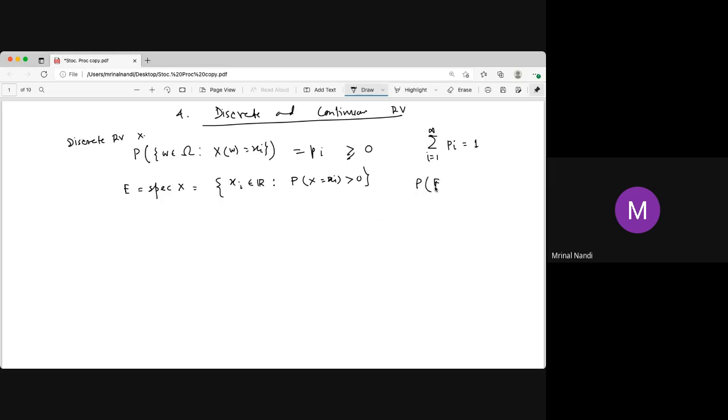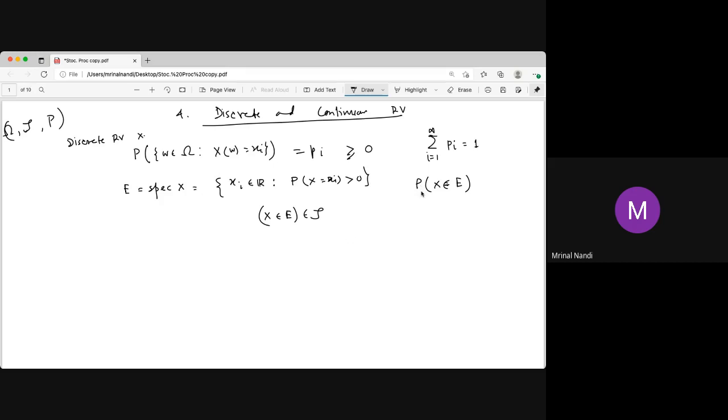So the probability of E, that is, X belongs to E. By the way, this P is actually the probability P of the probability space, not the distribution Px. Because X belongs to E is a set in the event space, a subset of Omega, so it is a probability on the event, not the distribution.